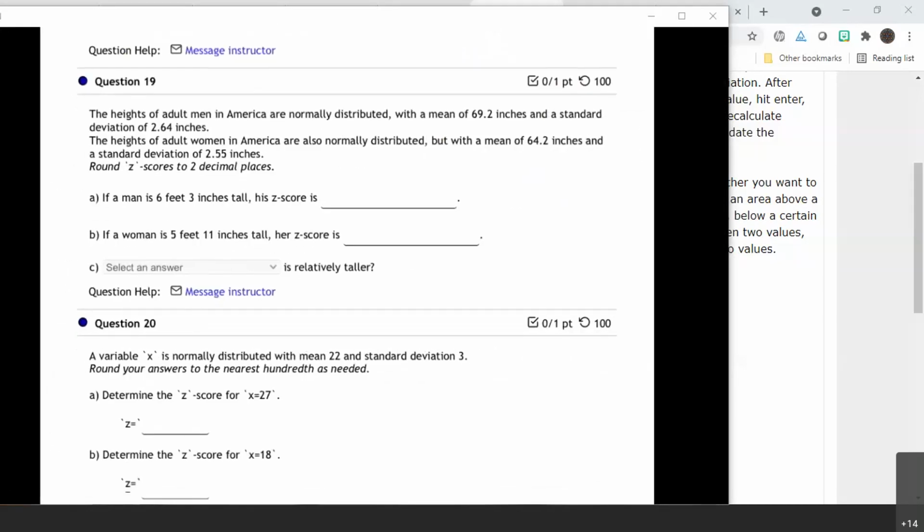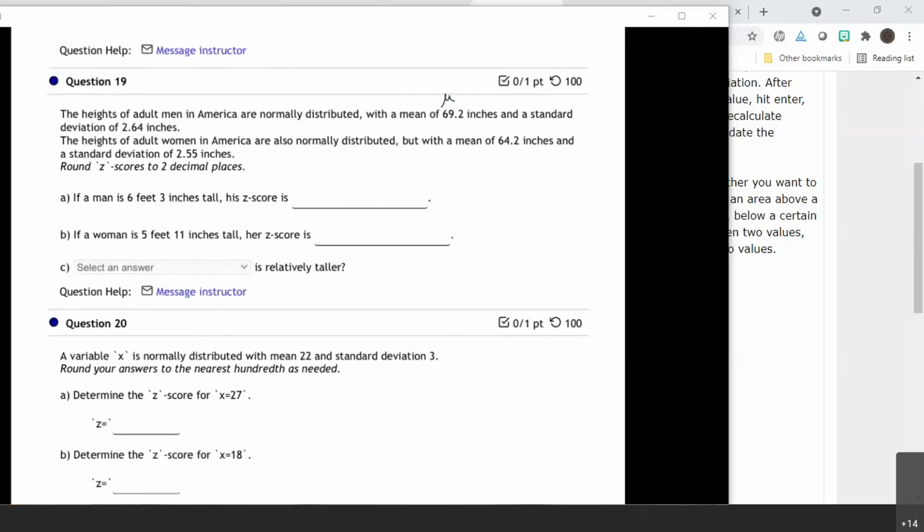Last two questions. The heights of adult men in America are normally distributed with a mean of 69.2 inches and a standard deviation of 2.64. And we have, again, women with a mean of 64.2 and 2.55 as their standard deviation.